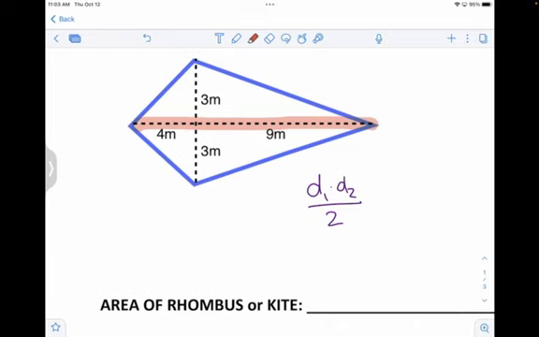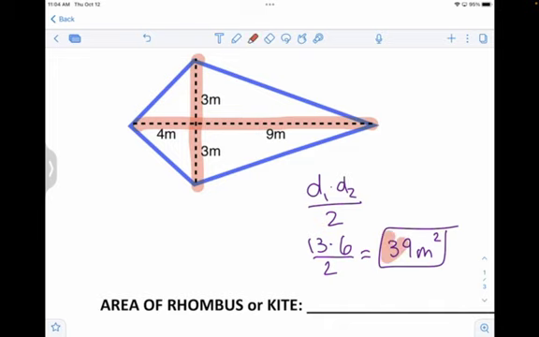What's the whole length? 13. 13 is our first diagonal. And our second diagonal is the whole thing, 6. We have to add up those two 3's. So 13 times 6, and then divide by 2. What's that, 39? So our answer is 39 square meters.